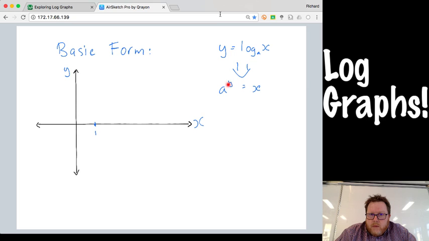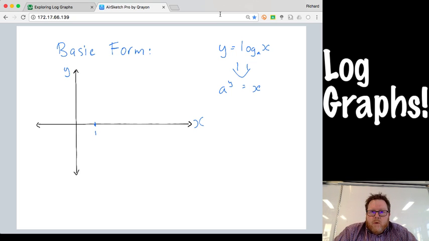Well, it's going to get bigger and bigger as well, isn't it? As x grows, y has to grow as well. We can't go backwards. But the growth is not the same as the exponential graph growth.